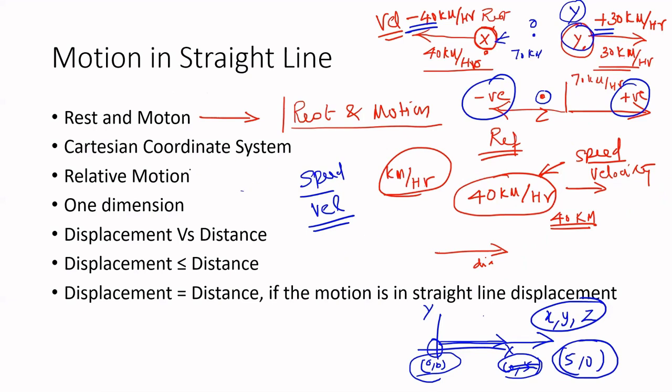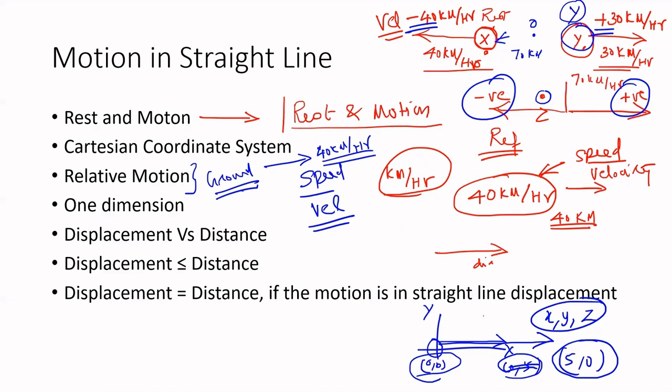Already we have seen this relative motion. Relative motion means motion of a particle with respect to another particle. Suppose I am one particle. The bus is another particle. I am on the ground. So the bus is moving at 40 kilometers per hour. Then with respect to ground, the bus is moving at 40 kilometers per hour. That is called relative to ground.